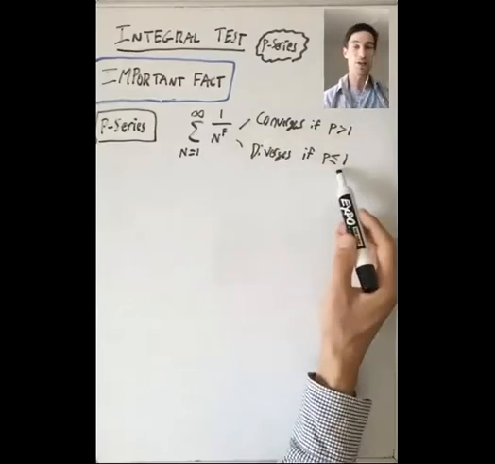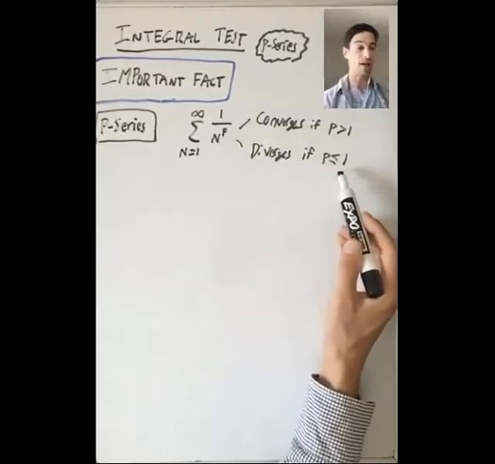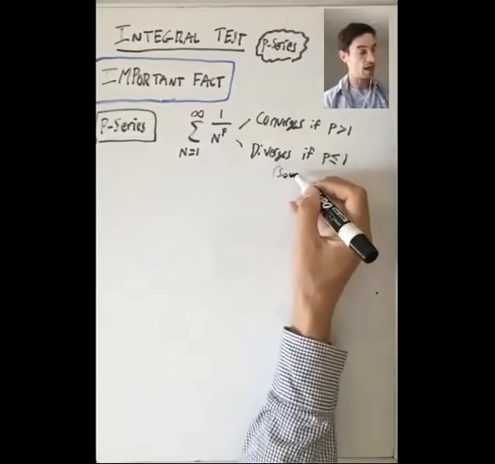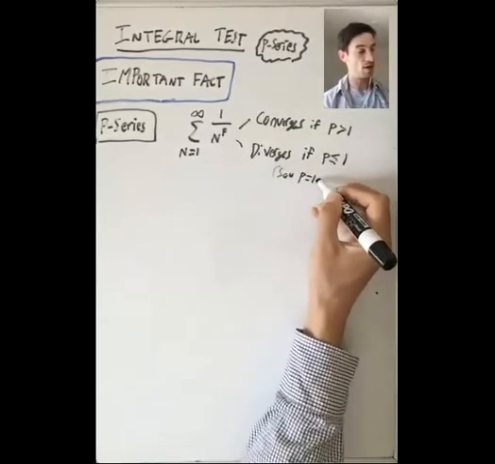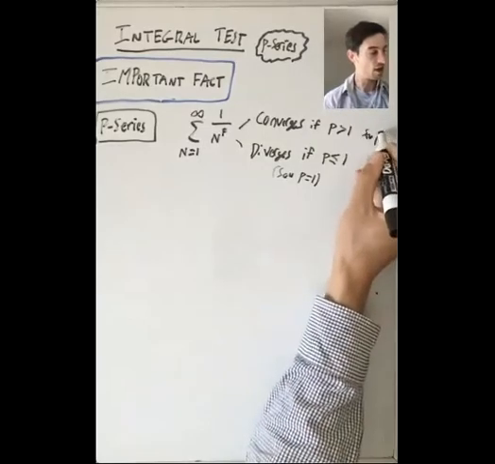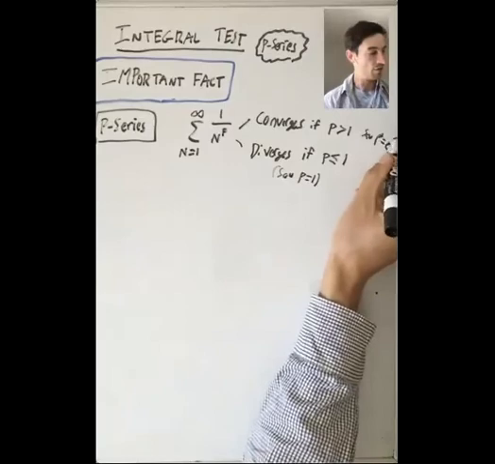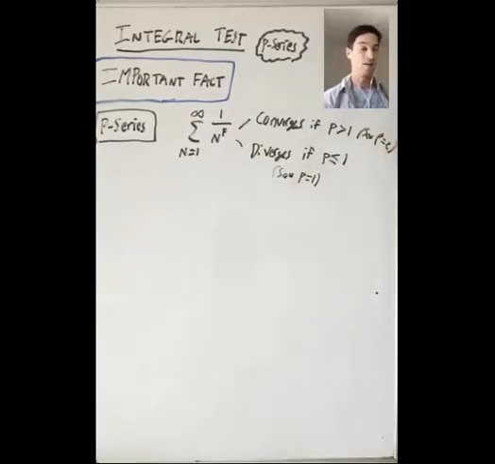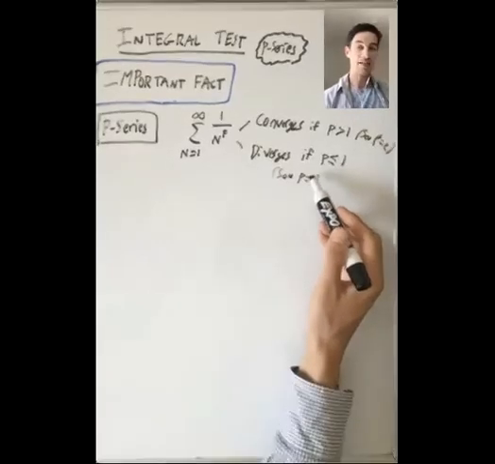And it diverges if p is less than or equal to 1. We already saw p equals 1, where we got the sum of 1 over n, which diverges. So we saw p equals 2, and we saw p equals 1, and this gives you the answer for all p. If p is bigger than 1, it converges. If p is less than or equal to 1, it diverges.